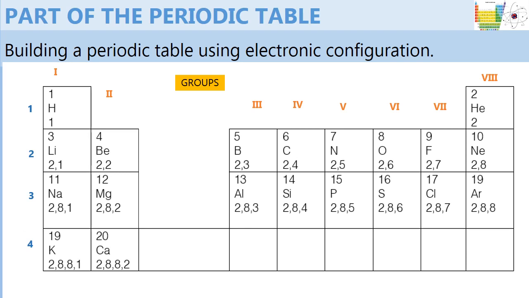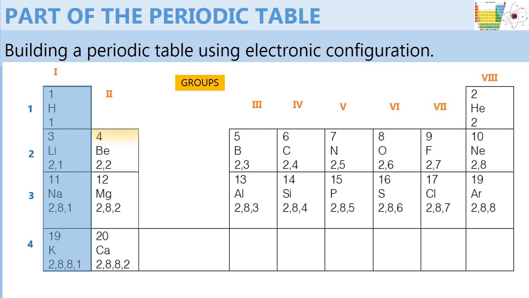Let us discuss more about the groups. The first group is group 1. You notice that each of these electron arrangements ends with the number 1, and that is why we call this group 1.